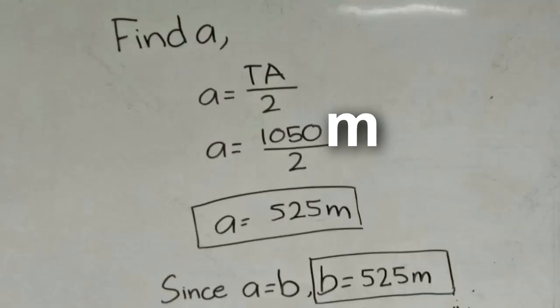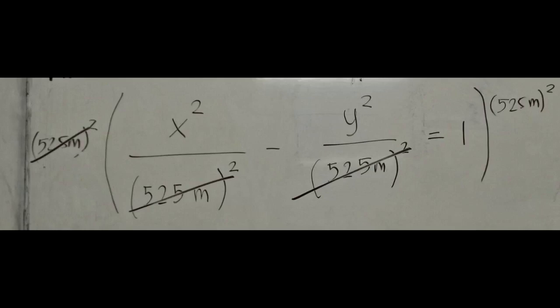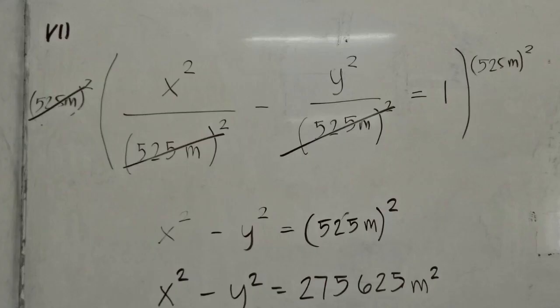Since A is equal to B, B is also 525 meters. The standard form will be x squared over (525 meters) squared minus y squared over (525 meters) squared equals 1. To convert standard form to general equation, we need to multiply all sides by (525 meters) squared, and it will result in x squared minus y squared equals (525 meters) squared.